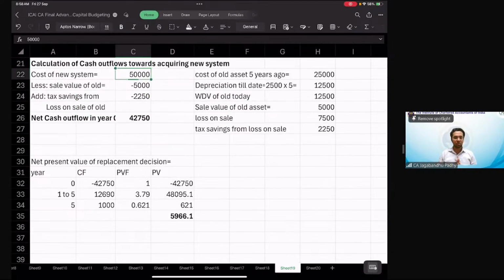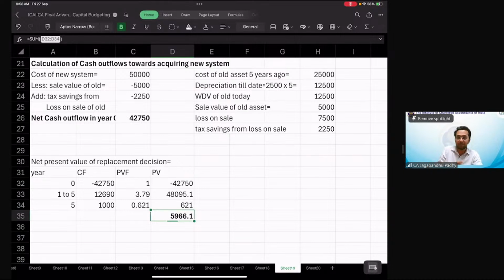Because it's going to cost us 50,000 the new system. 5,000 will be the sale value of the old that we are going to receive, and also we are going to save 2250 tax from the sale of old. So that has to be subtracted from our cost. So that gives us a net present value of 5966.1. So based on this NPV, can you tell me we should be accepting the project or should be rejecting the project?